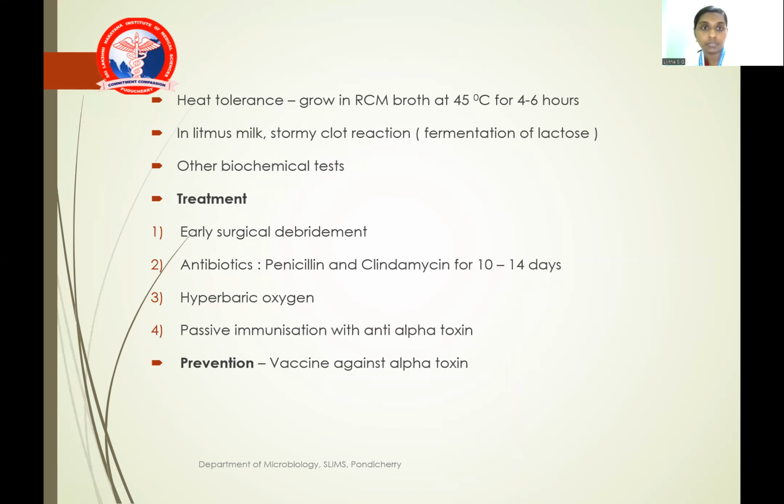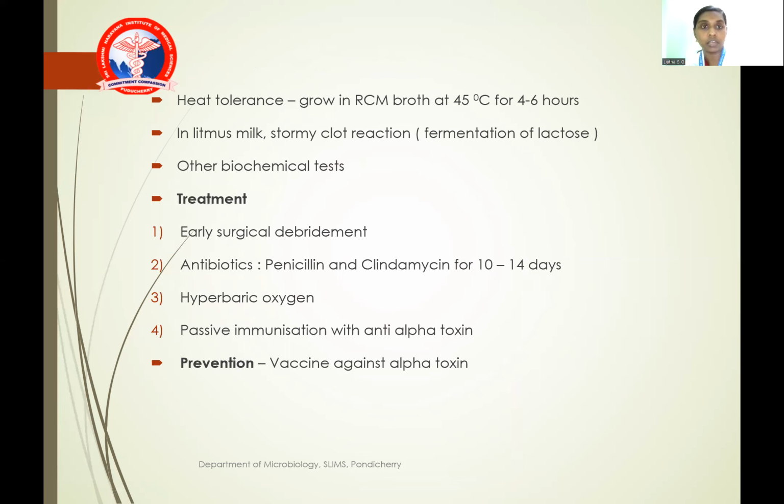The other features are, it has a property of heat tolerance. So even at 45 degrees Celsius, it can grow in the RCM broth for 4 to 6 hours. This is a property of Clostridium perfringens. And in litmus milk, it can ferment the lactose.